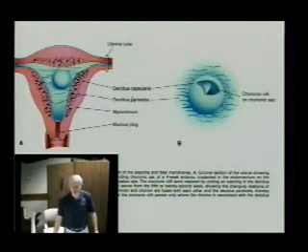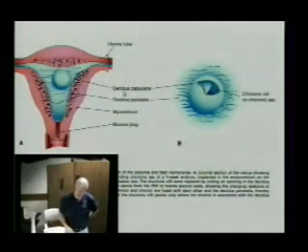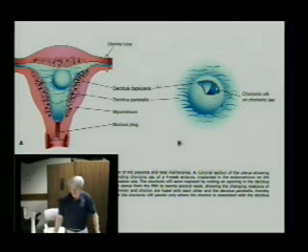We had introduced this term decidua for the cells making up one of the types of parenchymal cells making up the endometrium, and now we see this term persisting. So the decidua capsularis, if you cut that away, then you would see the chorionic villi on the chorionic sac on the opposing side.